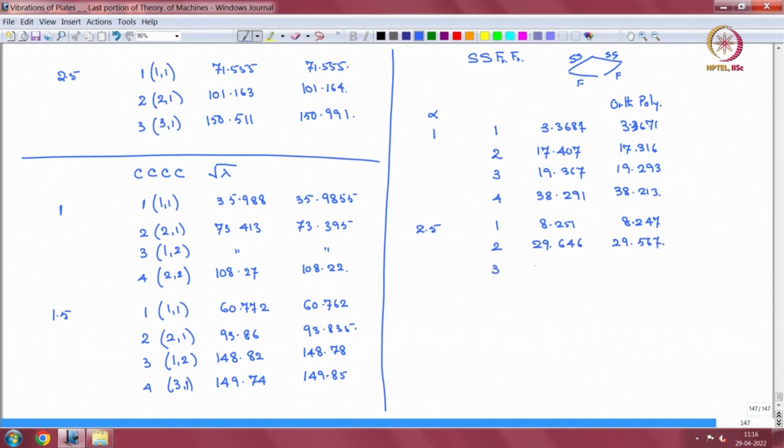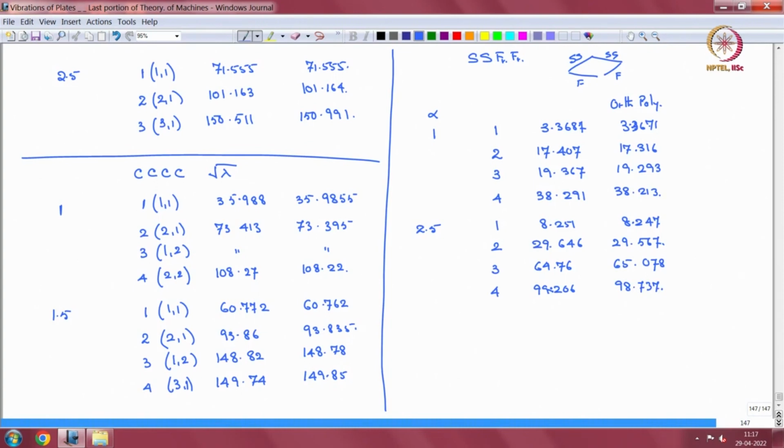Third is 64.76, here it is 65.078. Fourth, 99.206, 98.737. Okay, for those who wish to calculate.